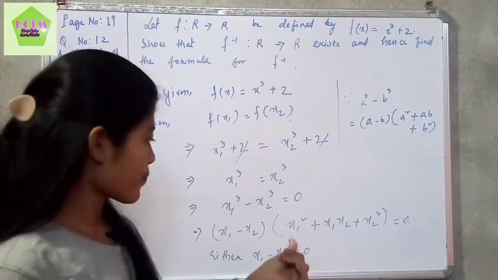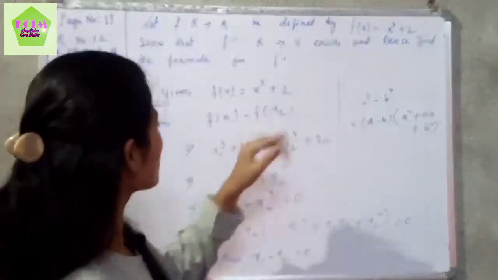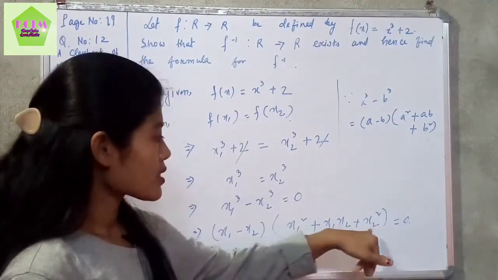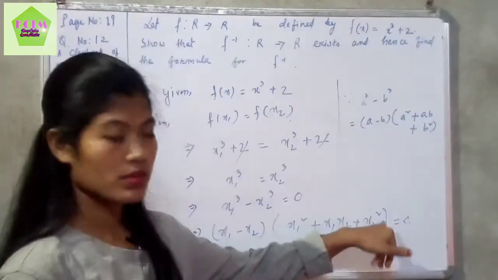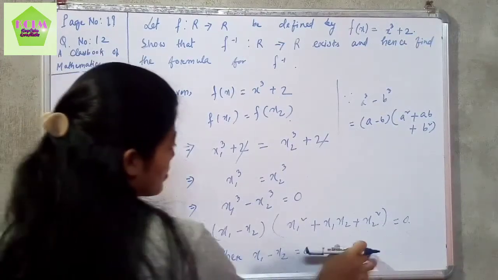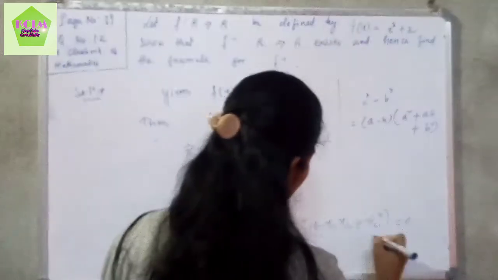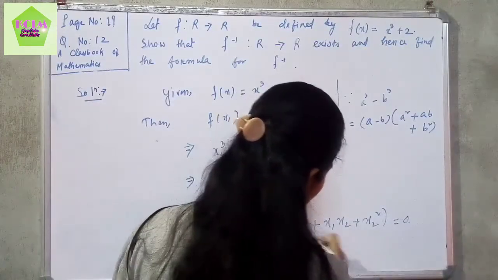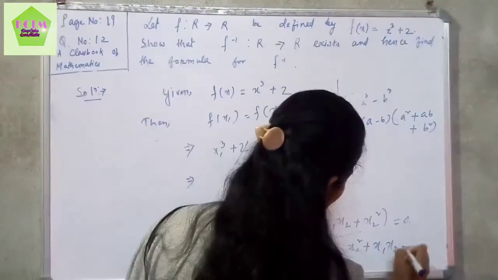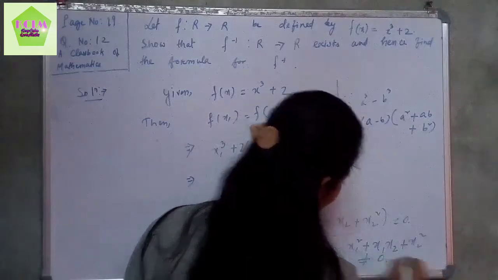But here we can see x1 square is a positive term, and x1 and x2 are two elements from the domain R, and their multiplication is also positive. Similarly x2 square is also positive, and the sum of all these positive terms will not be equal to 0. It cannot happen. So x1 square plus x1 x2 plus x2 square never equals 0.